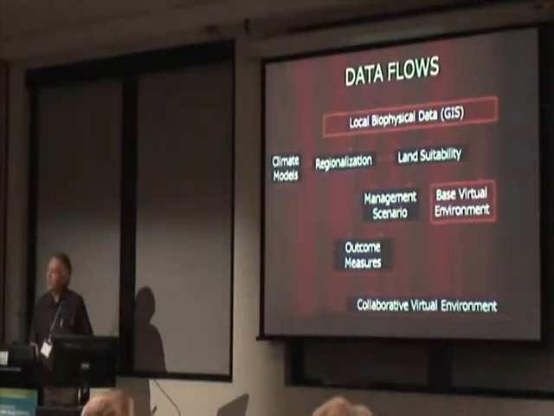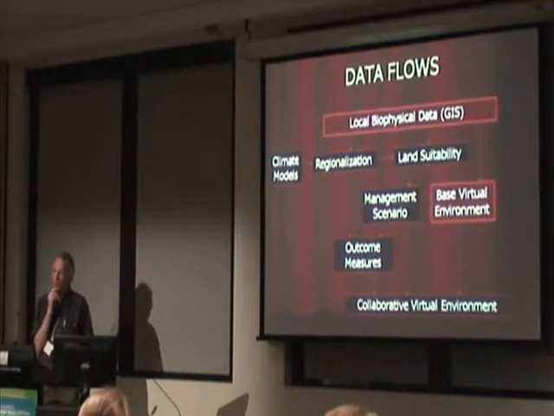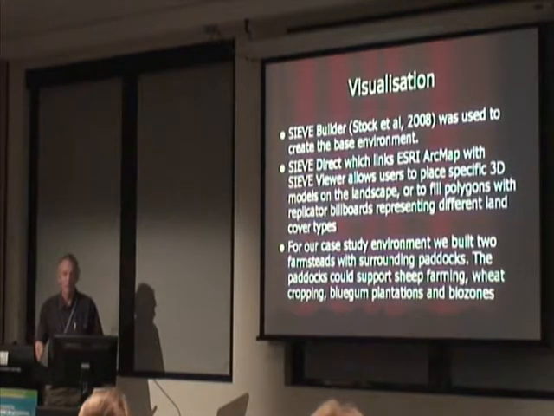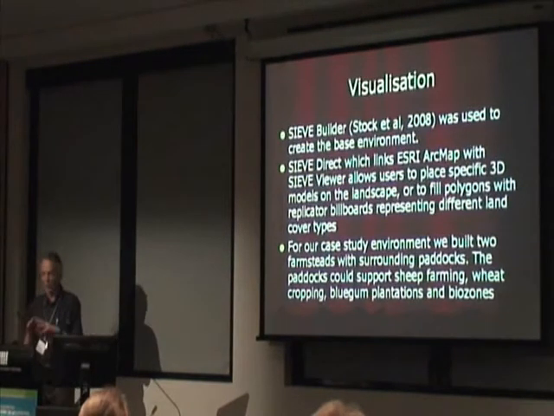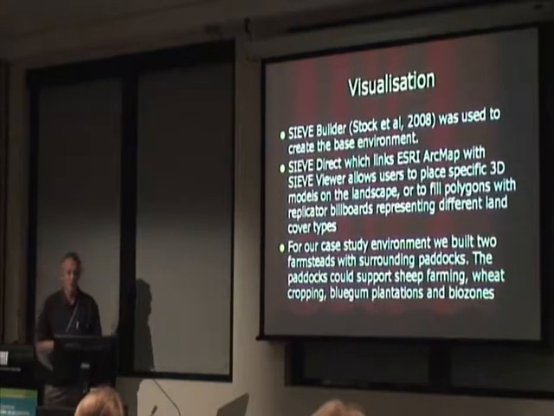Okay, so now the next stage was to visualise what that really means in the landscape and to think about how that visualisation could be effectively used. And so again, we went back to the base GIS data. We used some technology that we've been developing, a suite of products that we call SIV, Spatial Information Exploration and Visualisation Environment.